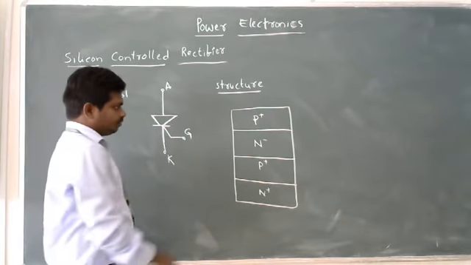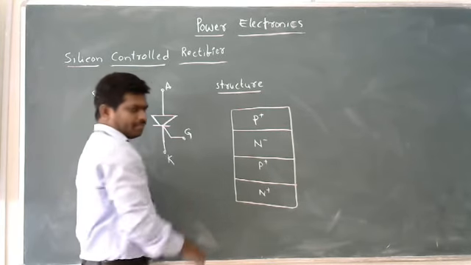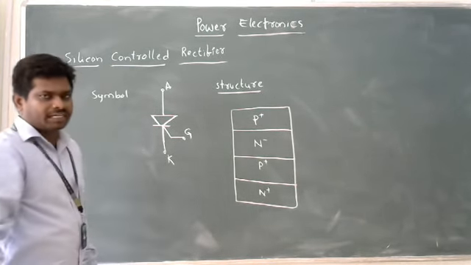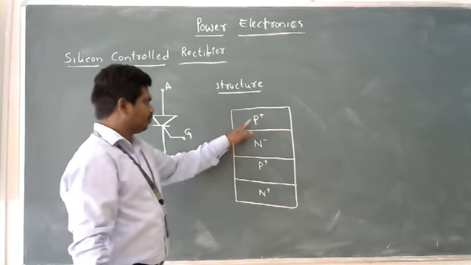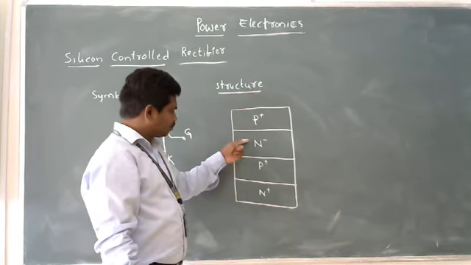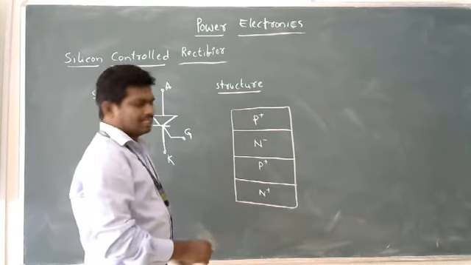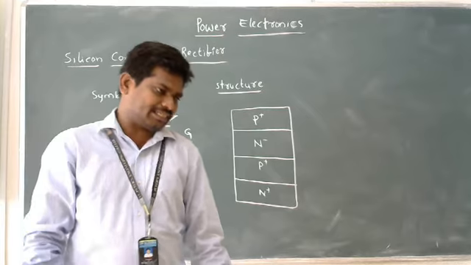The combination of P and N, different types of materials, P material, N material. So two P materials and two N materials, when we sandwich them like this, the structure of SCR will be seen.